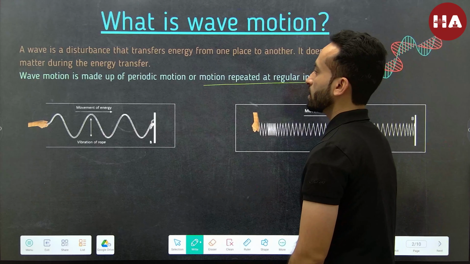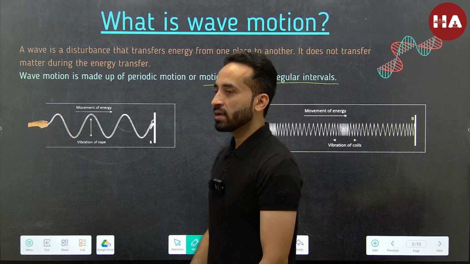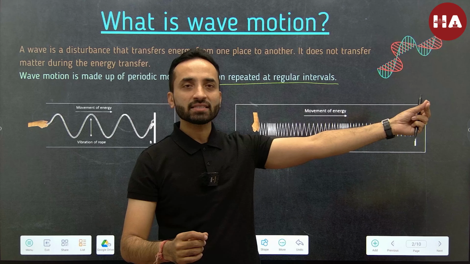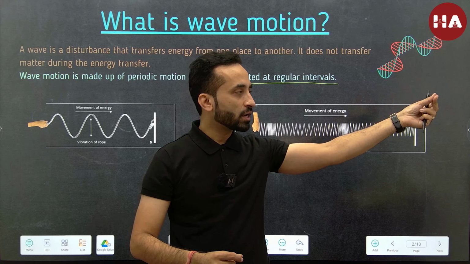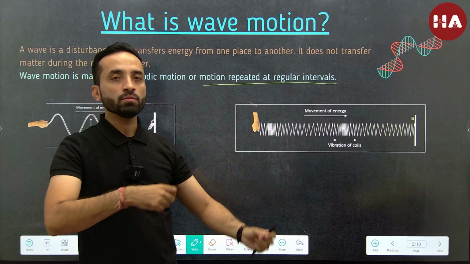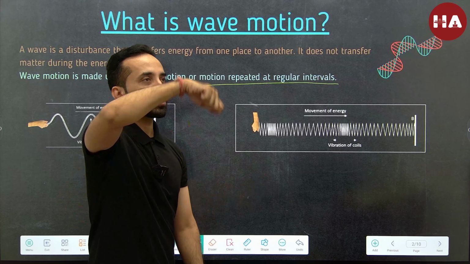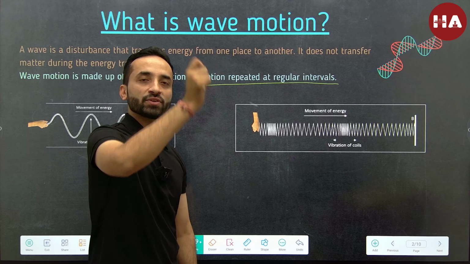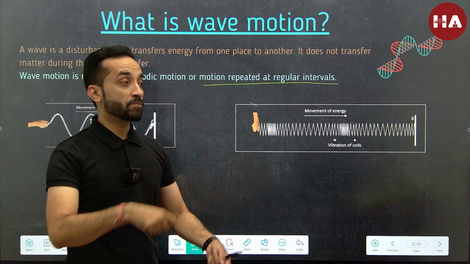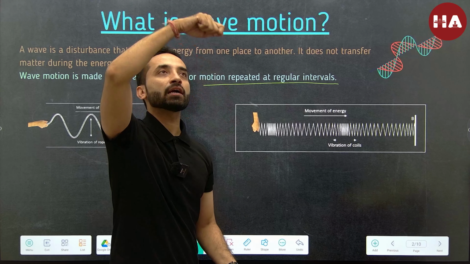That is what I have shown here. Imagine a string tied to a wall at one end of the room, and the other end in your hand. Can you create a wave by flicking this string up and down? Yes. So what are you doing? You are creating a pattern.